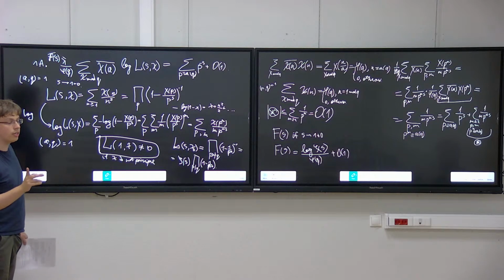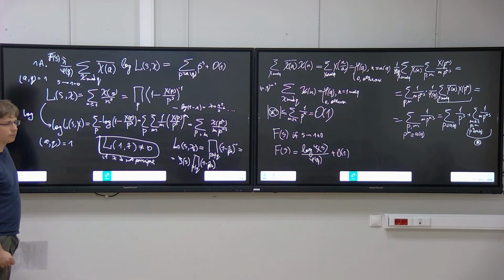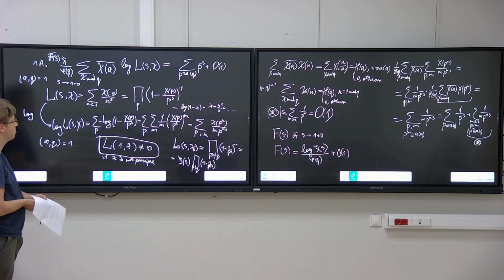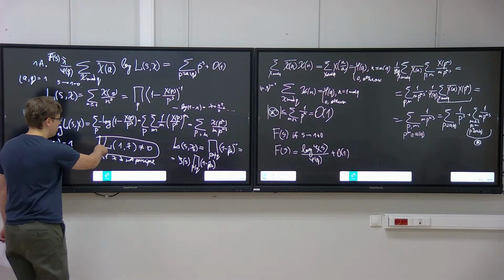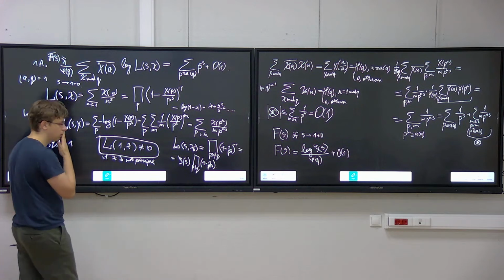Получается, что сумма по не хи0 — это сумма по всем характерам хи-а сопряженного на какую-то константу, которая стремится к логарифму L(1, хи).